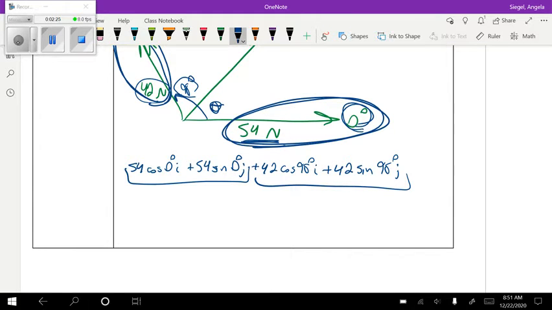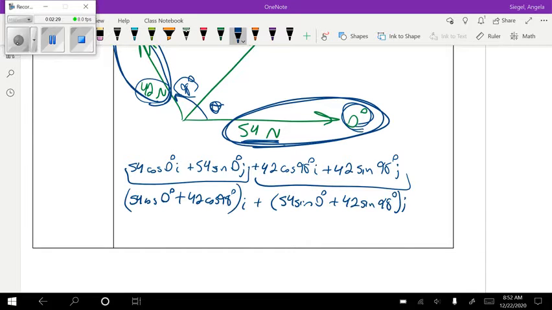Now, as we did before, we're going to group all the I's together and all the J's together. You don't have to do it, especially on this one, because I want to show you something. This is what's nice about this: sorry, not 90 degrees, 0 degrees. Cosine is 1 and sine is 0. So right here, my answer is 1 plus 42 cosine of 98.